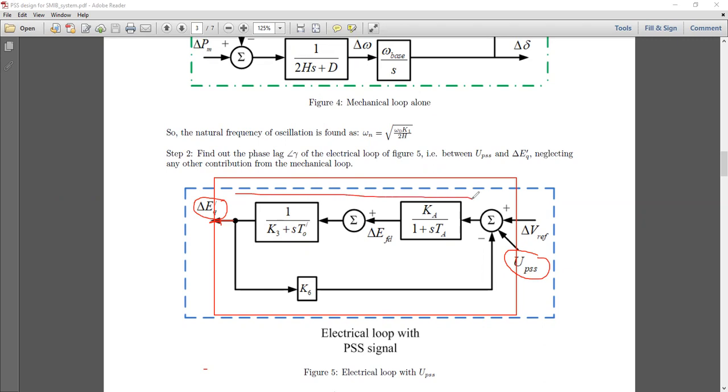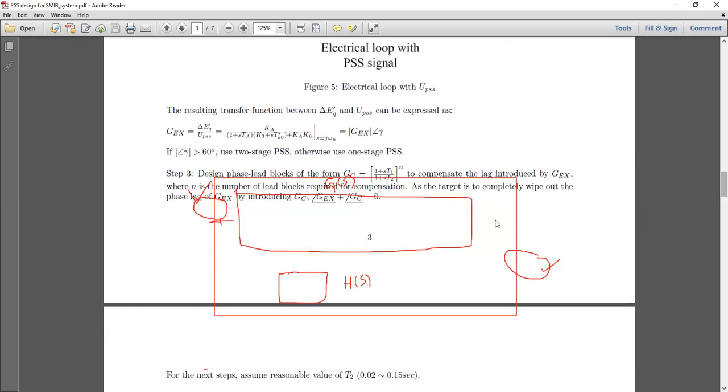These two blocks comprise the G of S, and this negative feedback path gain K6 would be the H of S. If you are interested in finding the closed loop transfer function between the output del EQ dash and the input UPSS, we can do that with the same formula, G of S divided by 1 plus G of S, H of S. That is done here.